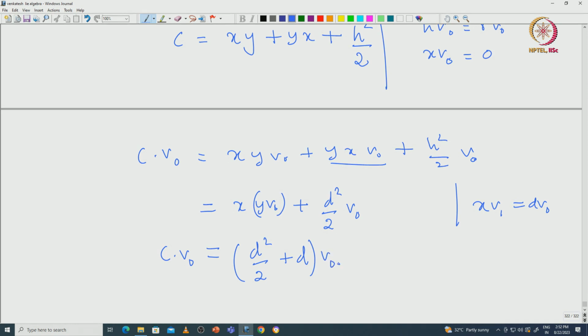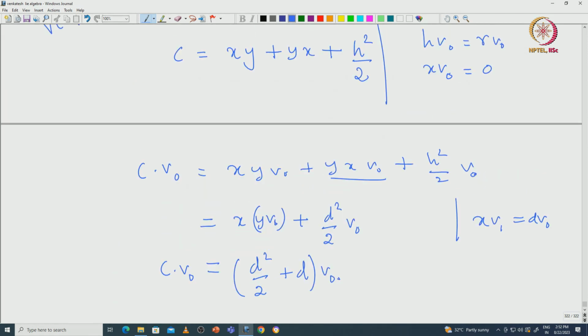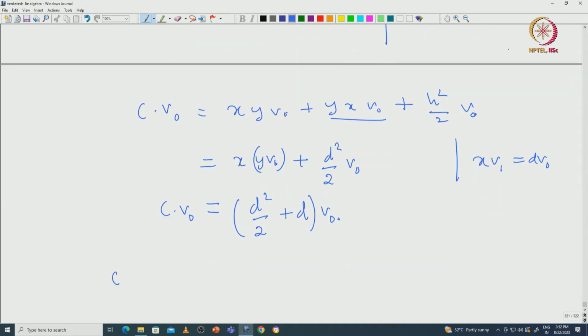Okay. But what does Schur's lemma say? Schur's lemma says C commutes with this action of G. So C is actually a G module map from V of D to, sorry, V of, here I have written R. Okay, let us switch this to D. So C is going to give me a map from V of D to V of D, which is a G module map.